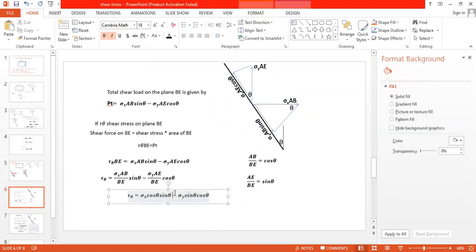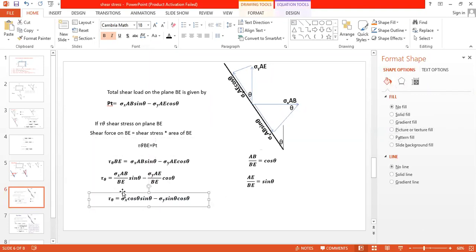Have you got this? You see again, sigma x AB by B is replaced by cos theta, therefore it becomes sigma x cos theta sin theta. Sigma y AE by B is sin theta, therefore it becomes sigma y sin theta cos theta. Okay, Adinath, have you got it?